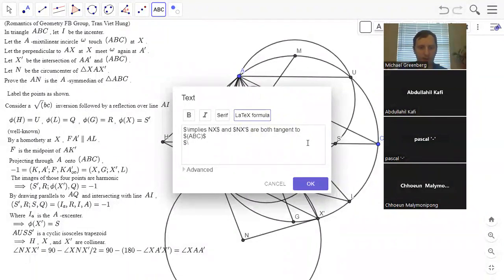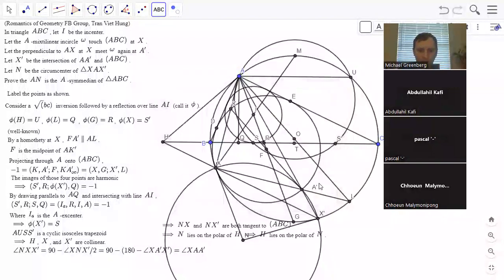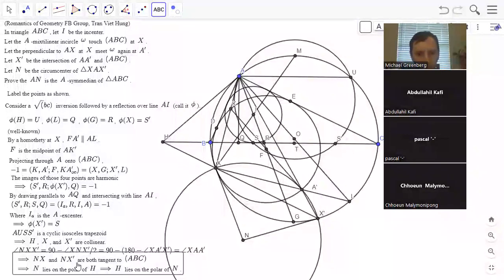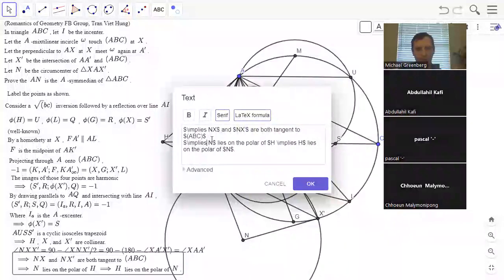And that means that N lies on the polar of H. And that means that H lies on the polar of N. Yeah, we flip these statements.